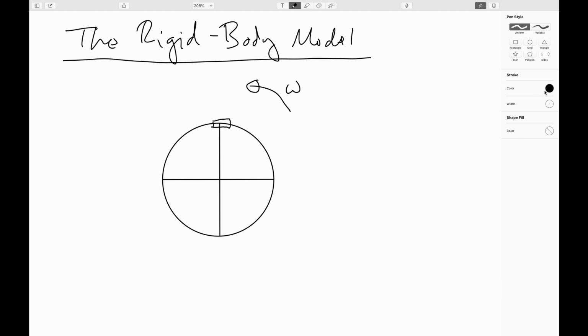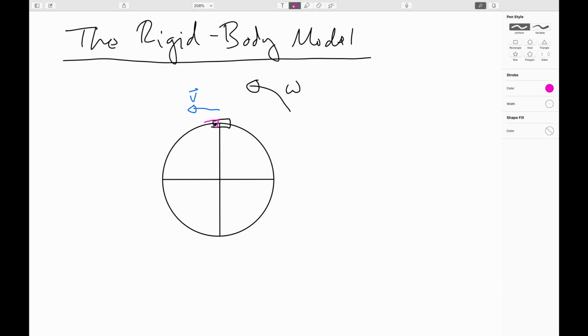So at the top here, this piece of tire would have to be moving forward with some velocity v. And by Newton's first law of motion, it's going to want to keep moving in a straight line at a constant speed. But what's that going to do?